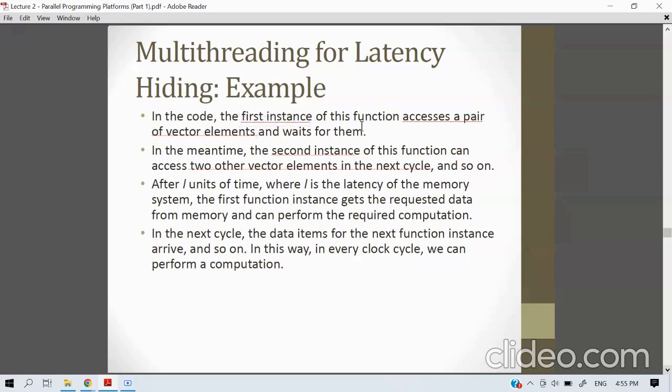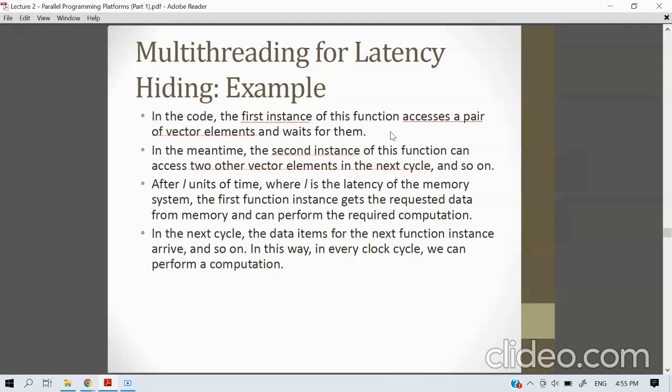In the code, the first instance of this function accesses a pair of vector elements and waits for them. In the meantime, the second instance of this function can access two other elements in the next cycle and so on, which means in one line of code, there are three executions that can be done.